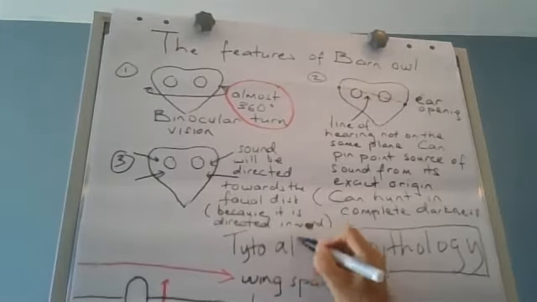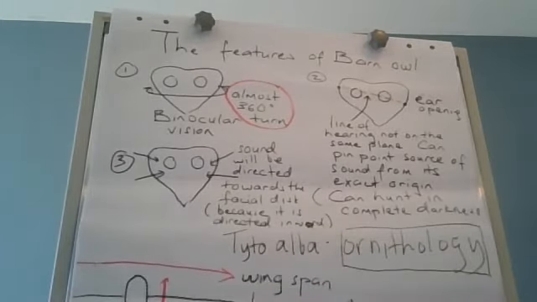Although there has been a suggestion that the name should be revised to Tyto javanica, thought to have originated from the island of Java. And Tyto alba can be found all over the world. The word is cosmopolitan.